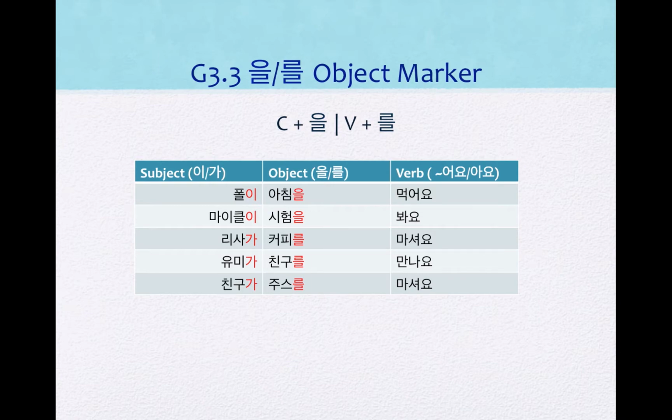So when you have such a flexible syntax, how do you know who did what, right? Who is the doer of the action and who is the receiver of the action?